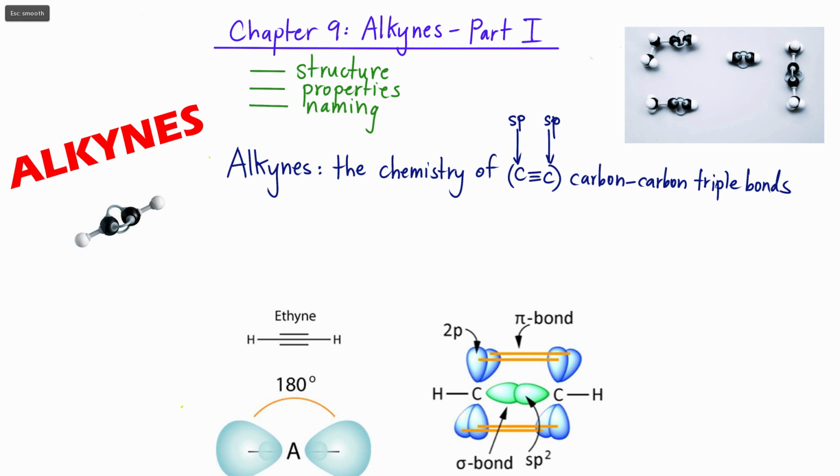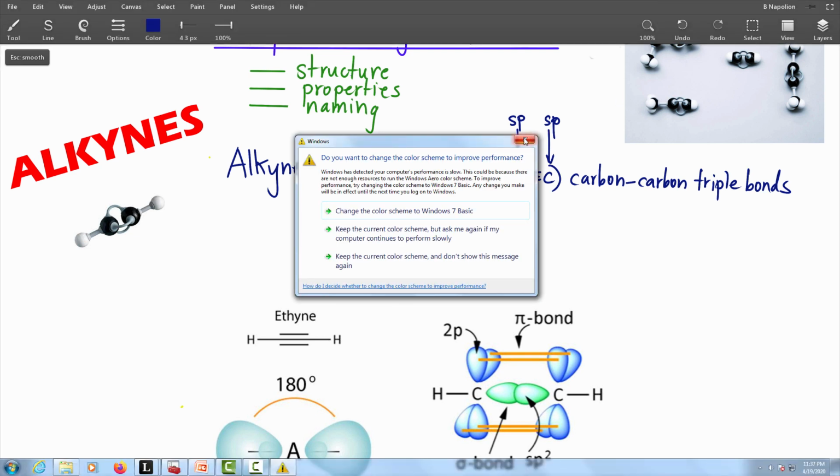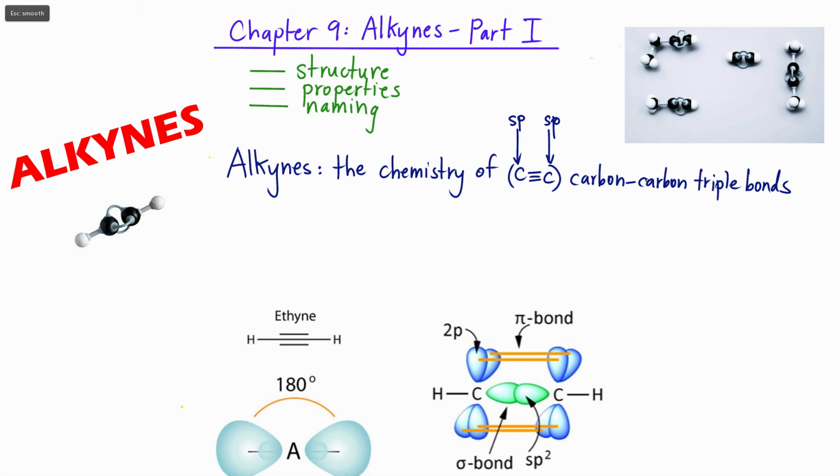We recall the differences and how those orbitals are formed. So, when we look at the functional group of alkynes, we're interested in that chemistry that involves sp hybridized carbons.